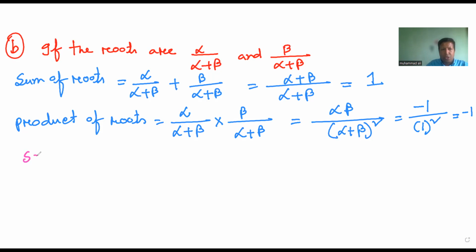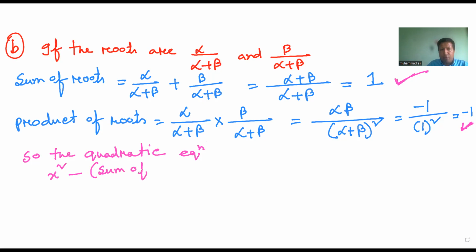So for the quadratic equation, we have to use both of these results. This is the sum of the new roots, and that one is the product of the new roots. So x square minus sum of roots into x plus product of roots equals 0.